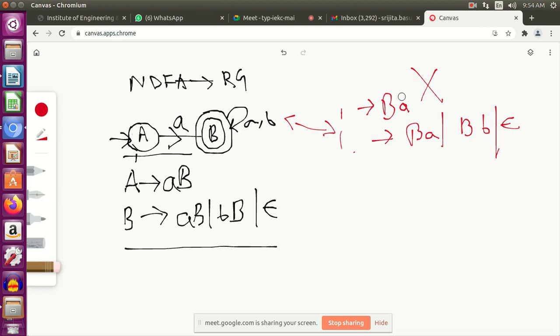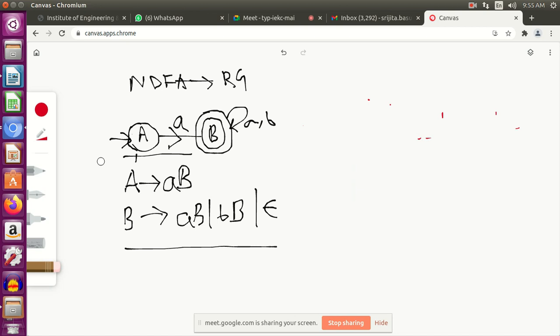So let me rub this portion. How to reverse this? You just need to reverse the edges.